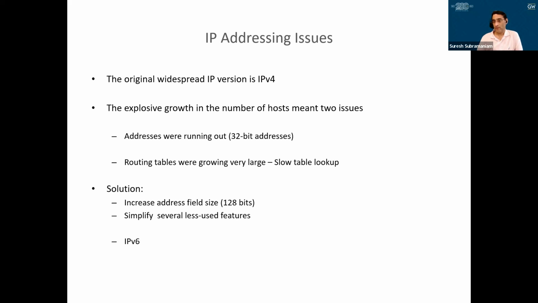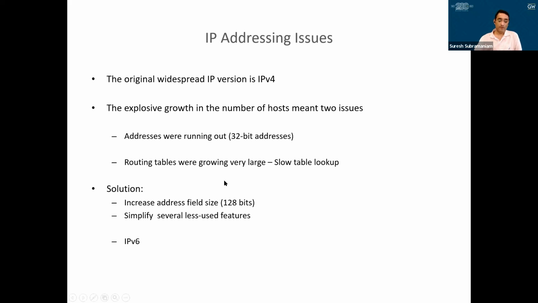But we know that the number of devices is a lot more than that. And because of the hierarchical structure, the actual number of addresses that can be used is a lot less than 4 billion. So these addresses were running out.